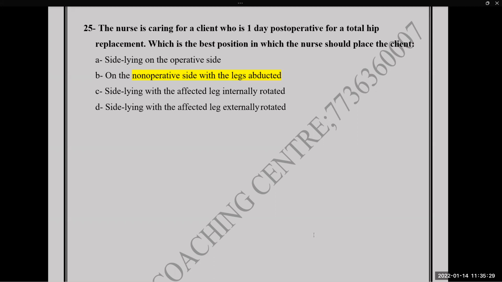Abduction on the non-operated side. So the answer is B.